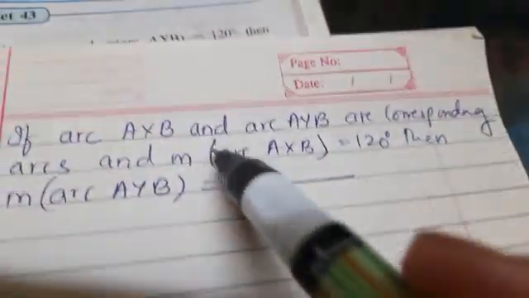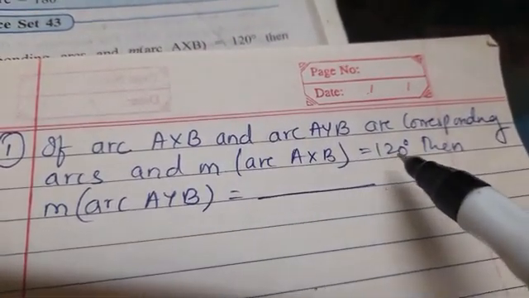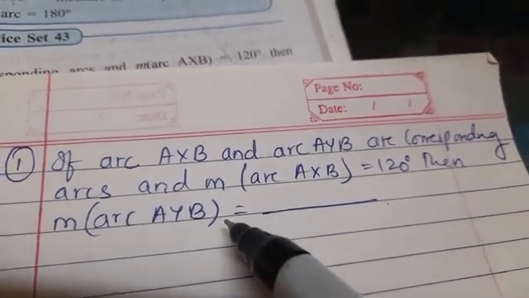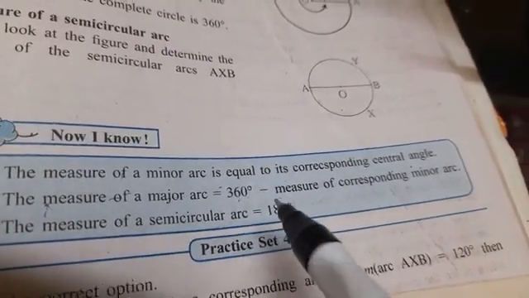If arc AXB and AYB are corresponding arcs and minor arc AXB is 120 degrees, then find major arc AYB. So we go to this formula, the second one, measure of major arc.